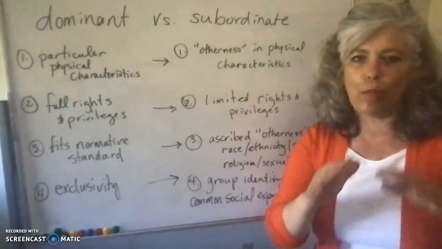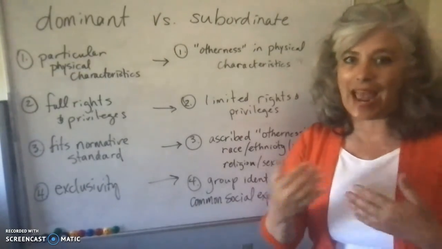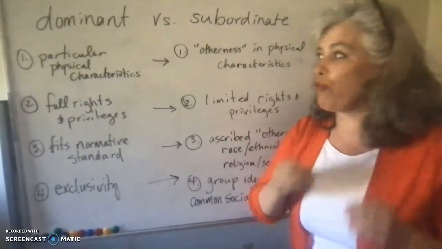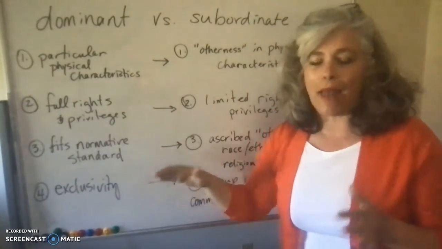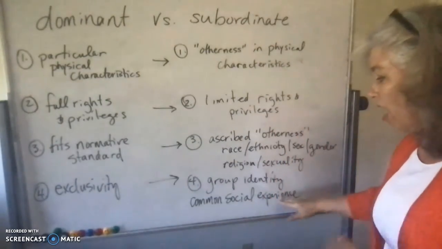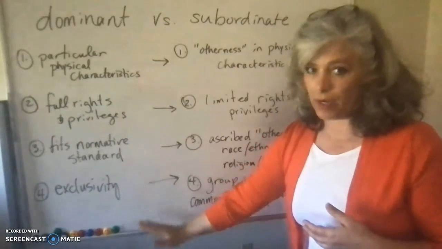You have multiple parts of your social identity based on multiple achieved and ascribed statuses that can differentiate you from the dominant group. And based on that marginality that you experience, you can have a lot of different social experiences than those of the dominant group.